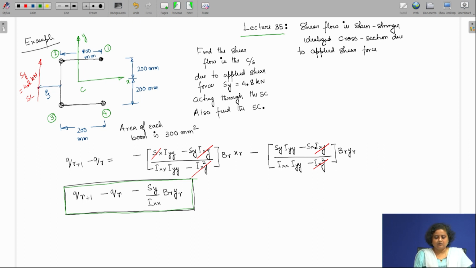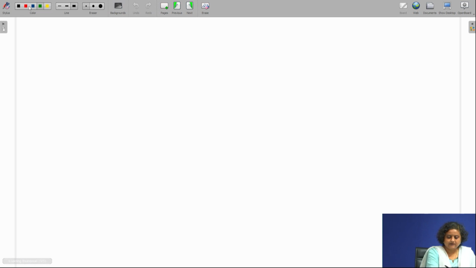So, let us now try to solve this problem. Let me write this down as Qr plus 1 minus Qr is going to be minus Sy by Ixx into Br into Yr.